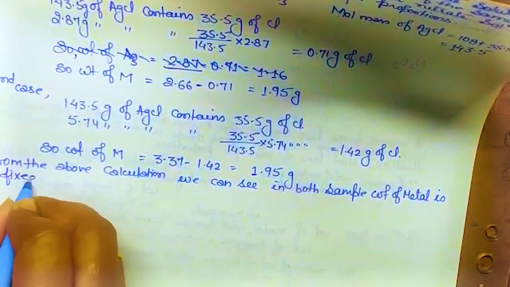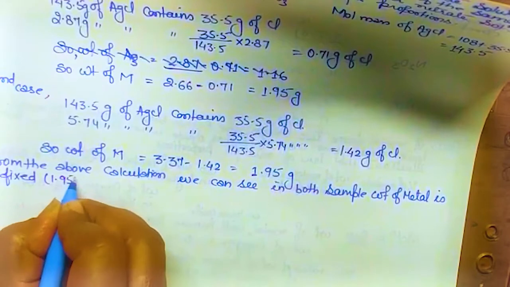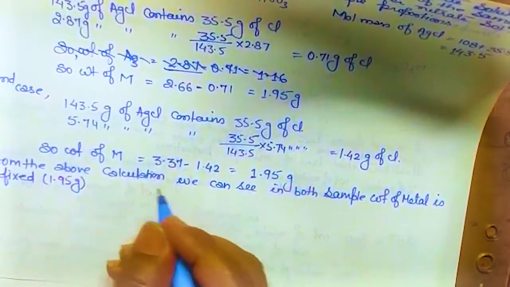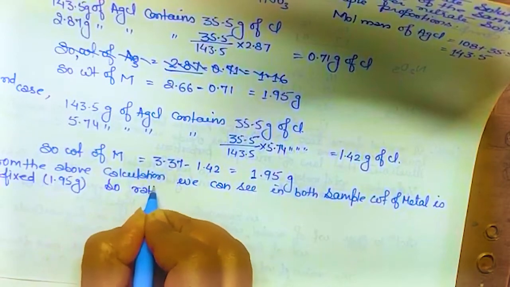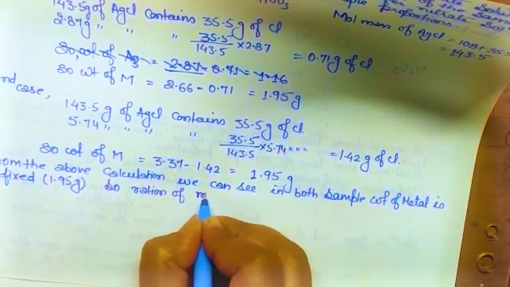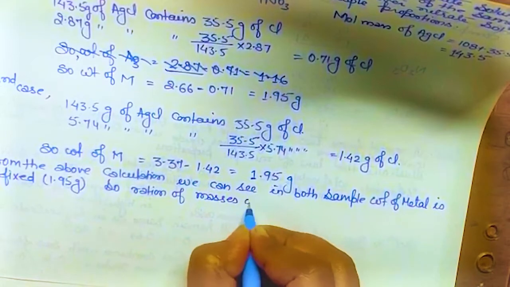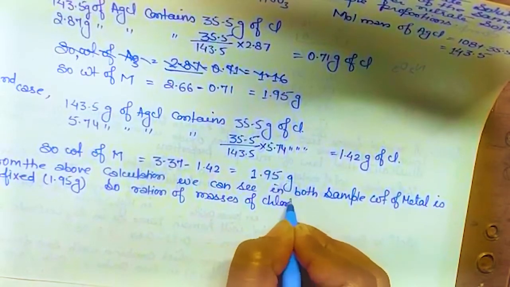What is that? 1.95 gram. So the ratio of masses of chlorine we will find.